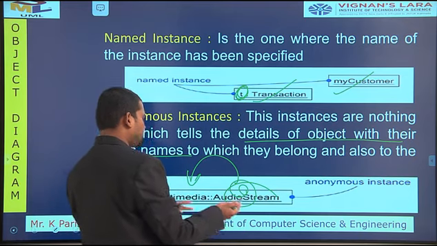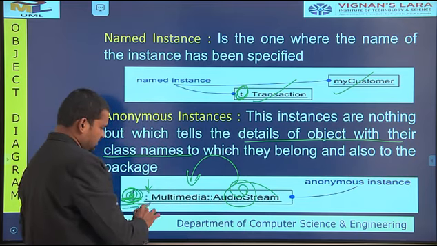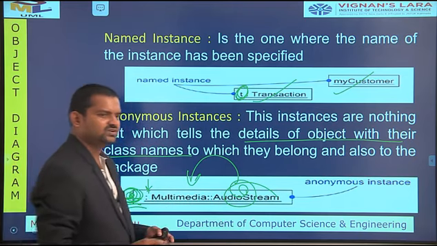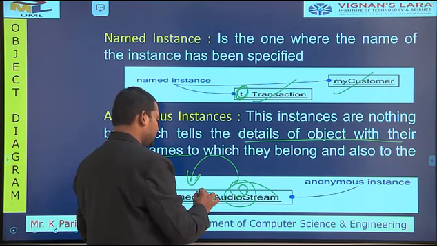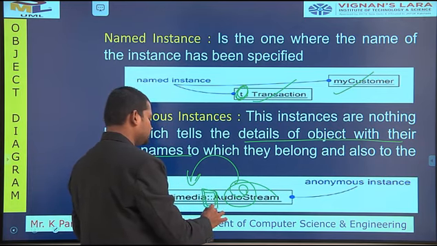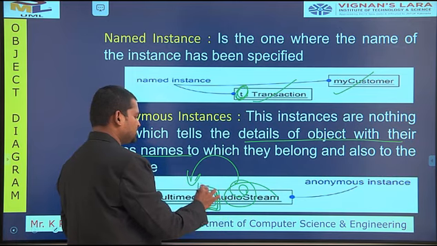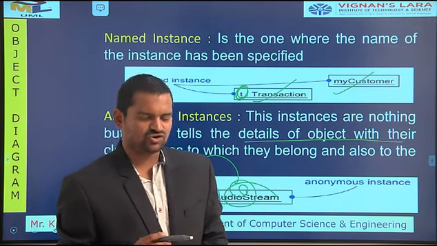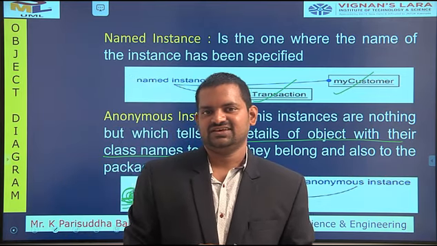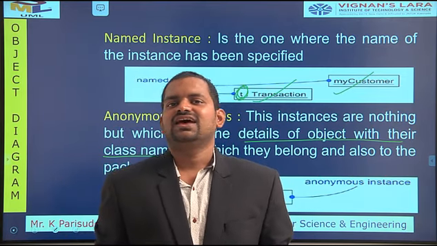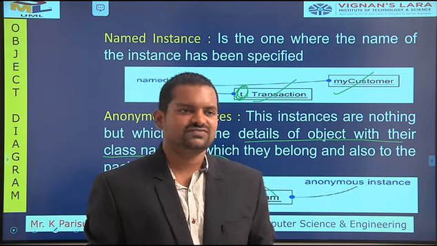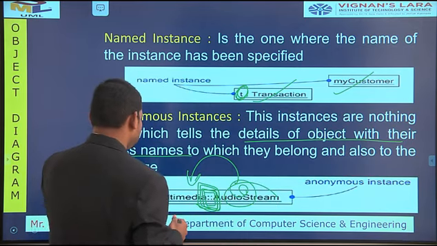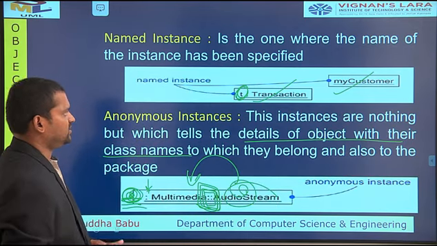These both belong to that particular object. Likewise, you can write with the help of the scope resolution operator. With the help of the scope resolution operator, you can represent anonymous instances or anonymous objects.